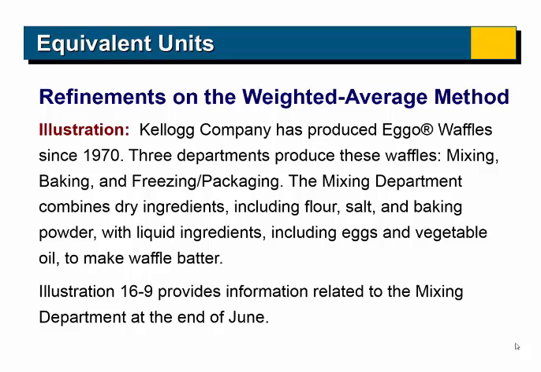The mixing department combines the dry ingredients, including the flour, the salt, the baking powder, with liquid ingredients, including eggs and vegetable oil, in order to make the waffle batter.